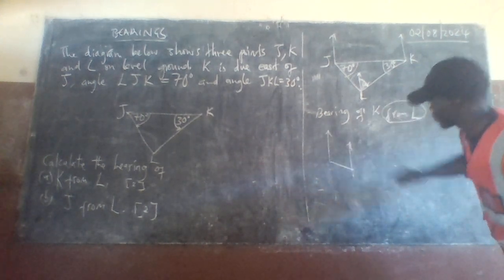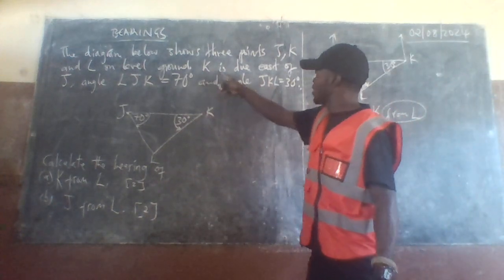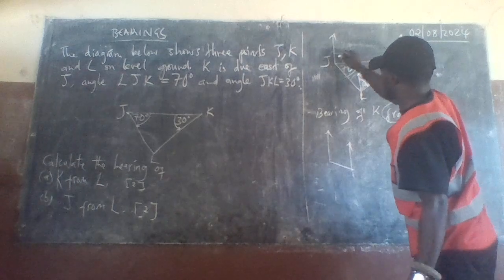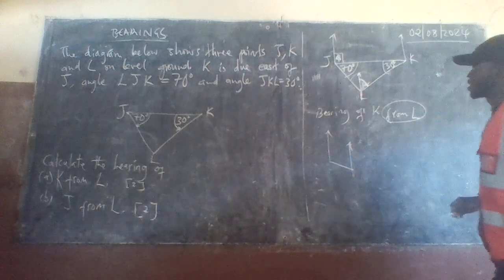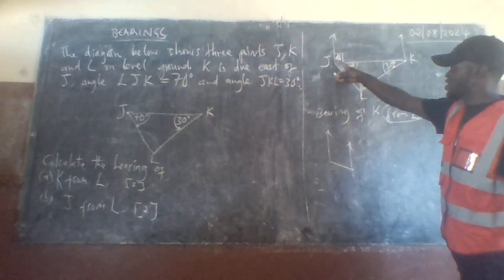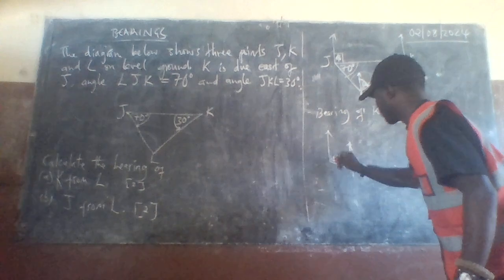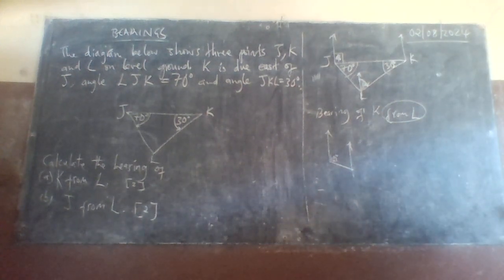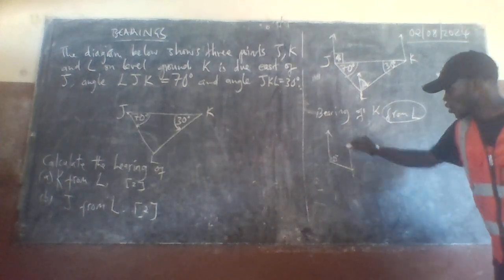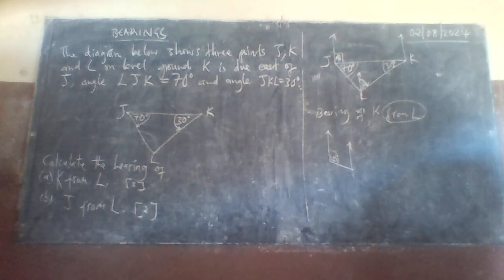Since we were told that K is due east of J, it means this is 90 degrees. So the top equals 160. When we add 90 plus 70, this part gives us 160. Then on this side, these two are aligned angles, meaning this one and this one should give us 180.